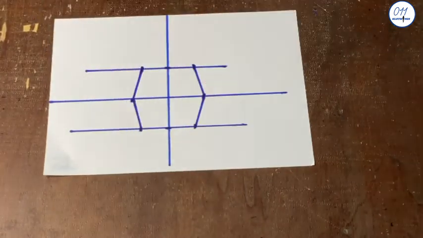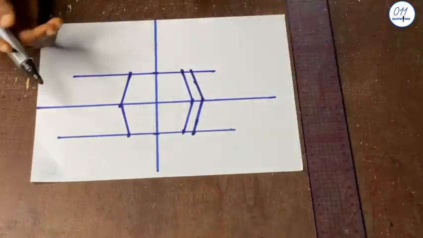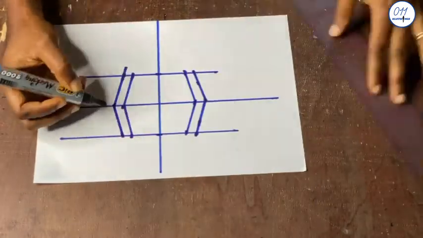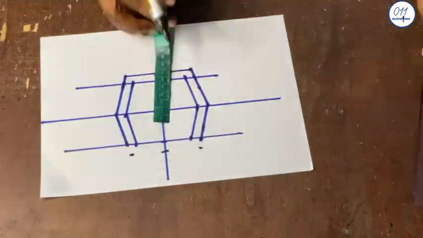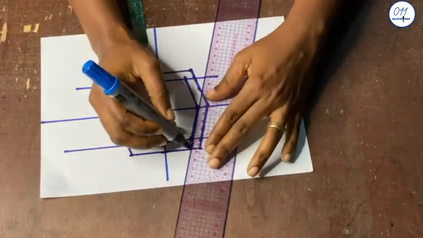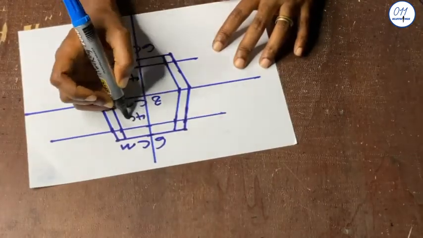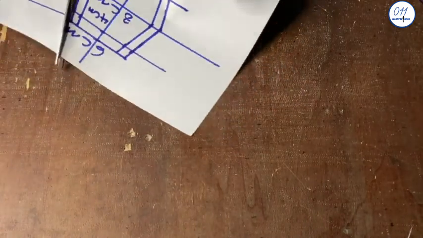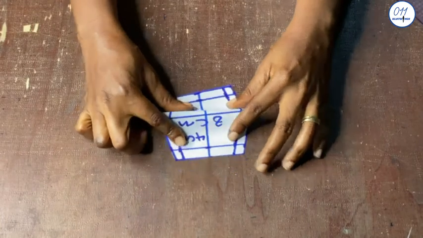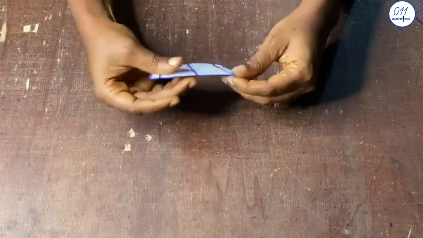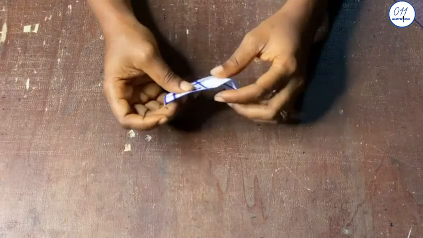The upper and the lower part of the shape are 6 centimeters long. The middle line is 8 centimeters, while the length of the shape is 8 centimeters, 4 centimeters up and 4 centimeters down. What I'm doing now is just adding seam allowance. I will cut out the shape like this. So this is the knot of the tie. It will be folded in this manner when attaching it to the neckline.